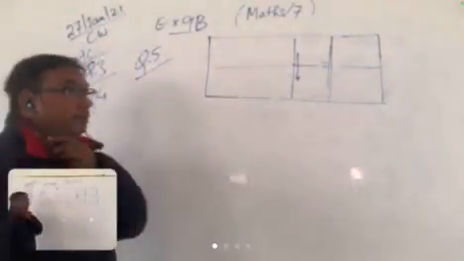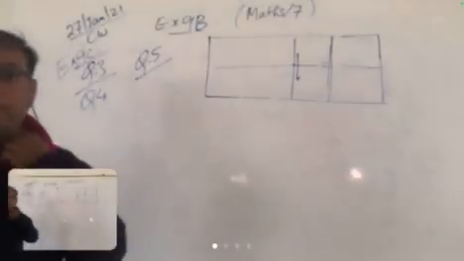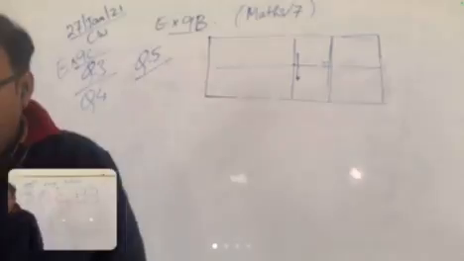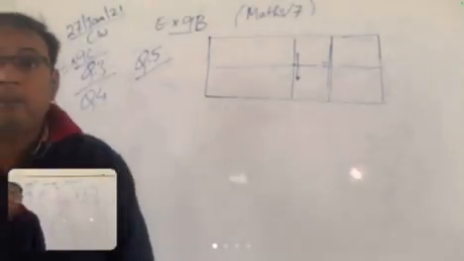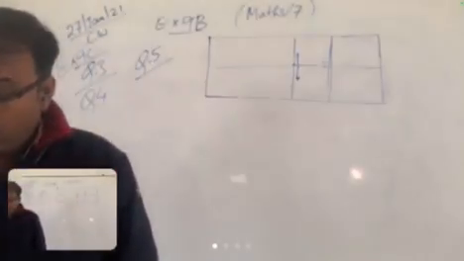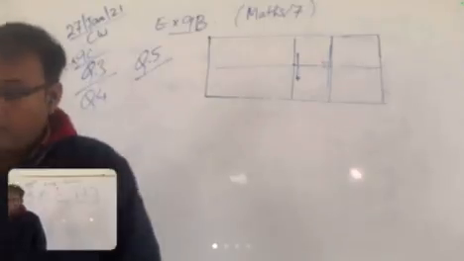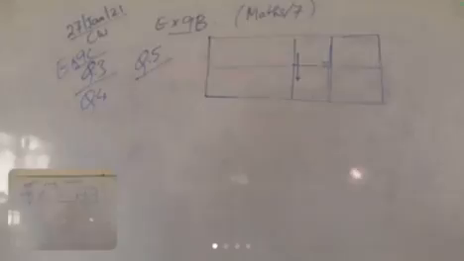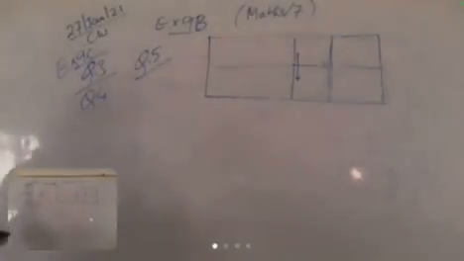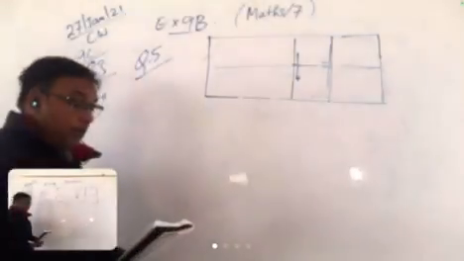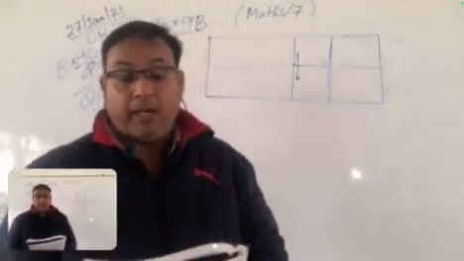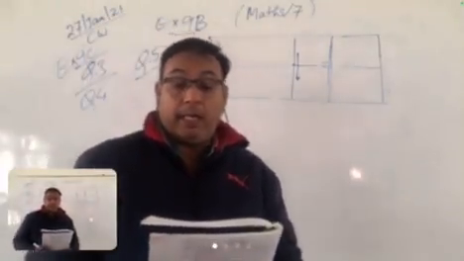Question number 5. A girl can finish a book in 25 days if she reads 18 pages every day. How many days will she take to finish it if she reads 15 pages every day?